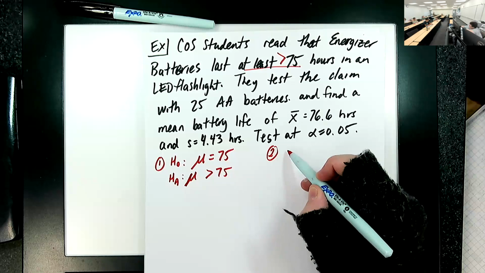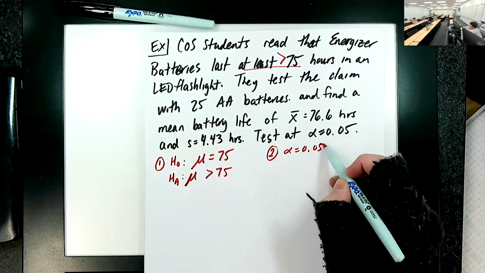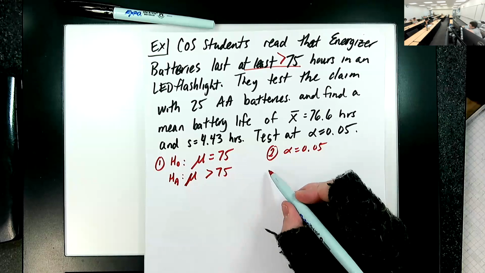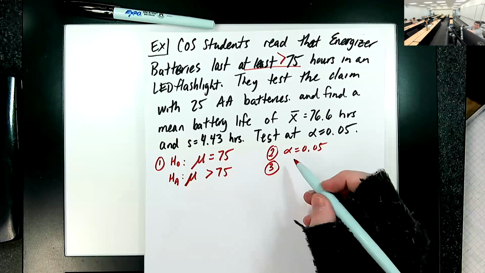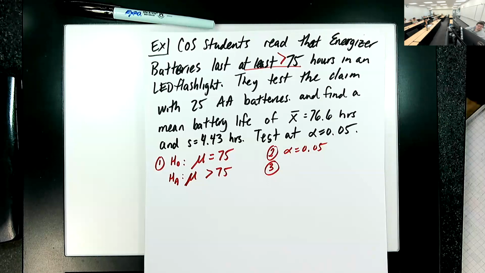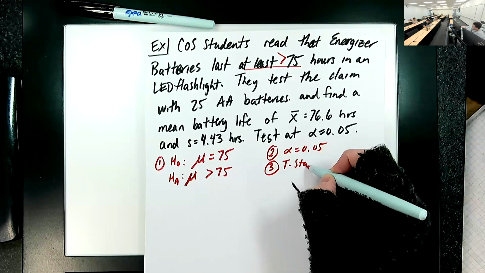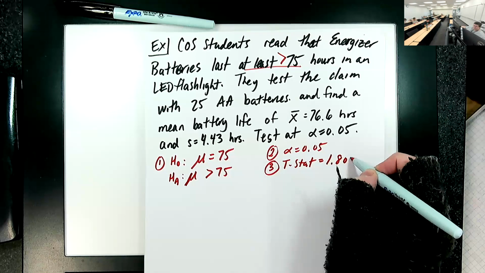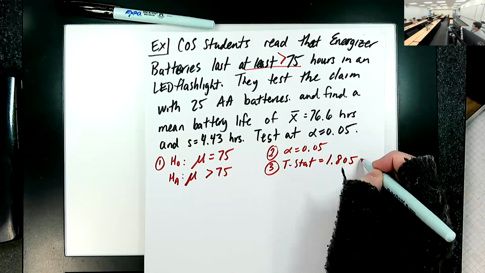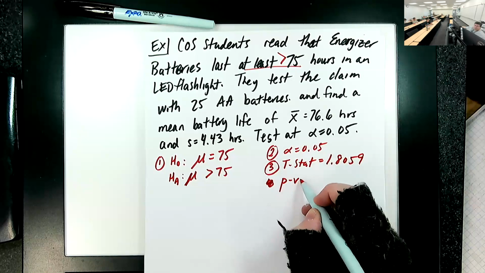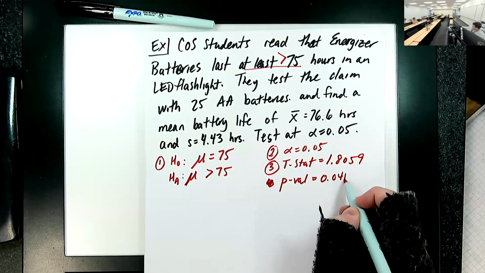Step 2, alpha was given. Step 3, my test stats were: T-stat was 1.8059. And my p-value was 0.0417.